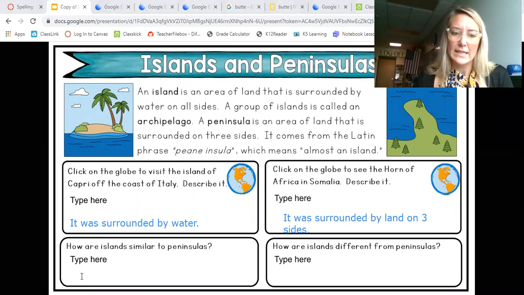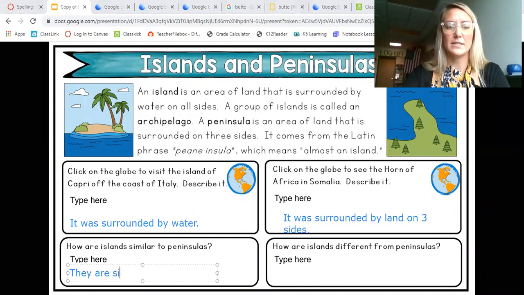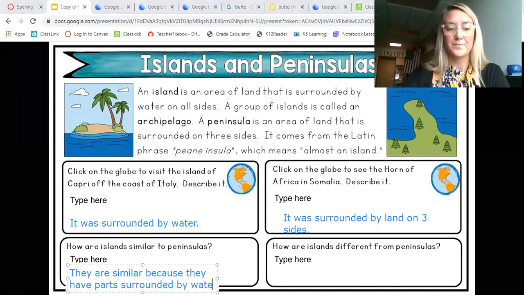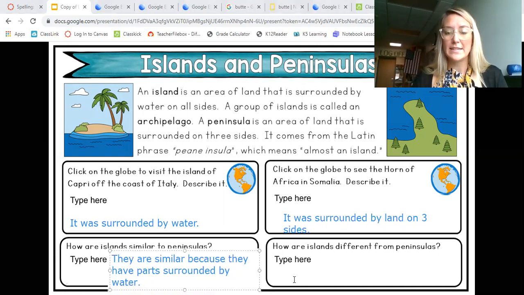Now, how are islands and peninsulas similar? They are similar because they have parts surrounded by water. How are they different?